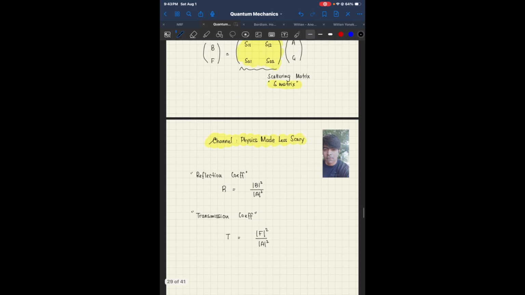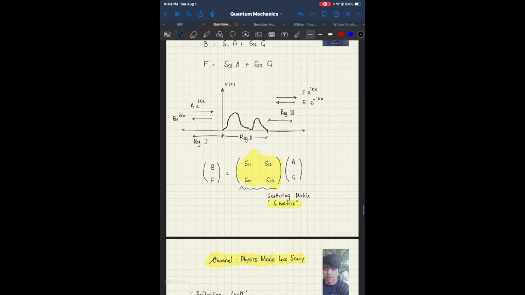You further demand something, which is that, since Griffiths is calling it G, let me call it G. You demand that this is 0. And this is very natural, right? You impinge something here and then it gets scattered and it then goes away to infinity, right? Nothing comes back, right? Because how will it come back? It just escapes to infinity, right?